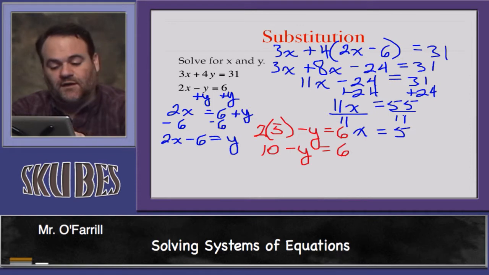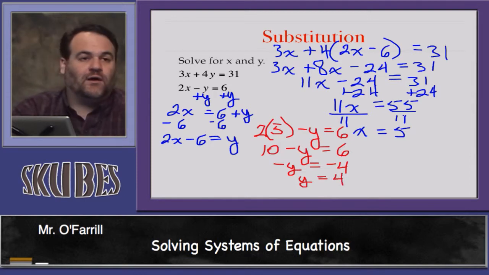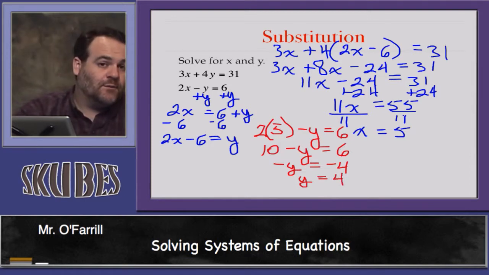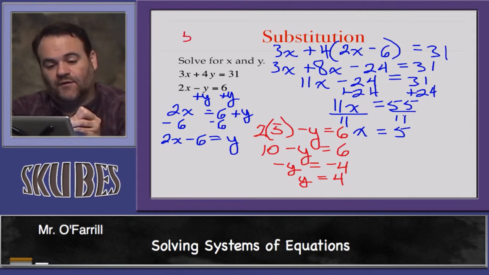Subtract 10 from both sides. We're saying that negative y equals negative 4, which means a positive y is a positive 4. So we believe the answer to be the ordered pair 5, 4.